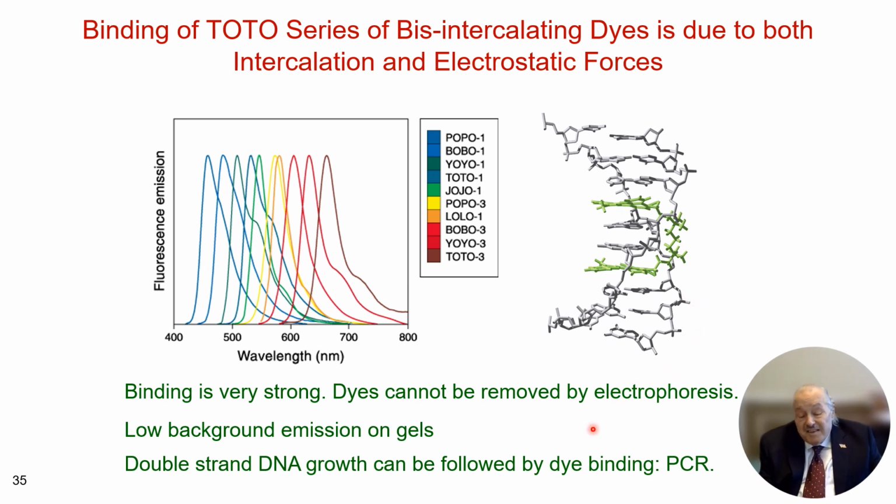And these dyes just never come off of a DNA once they're bound. So they can be used for things like following PCR, because as soon as the double helical DNA appears in a PCR experiment, you'll see an increase in fluorescence due to the binding of these types of dyes.